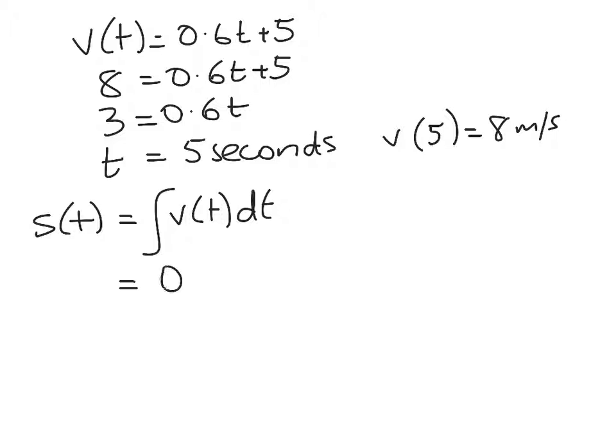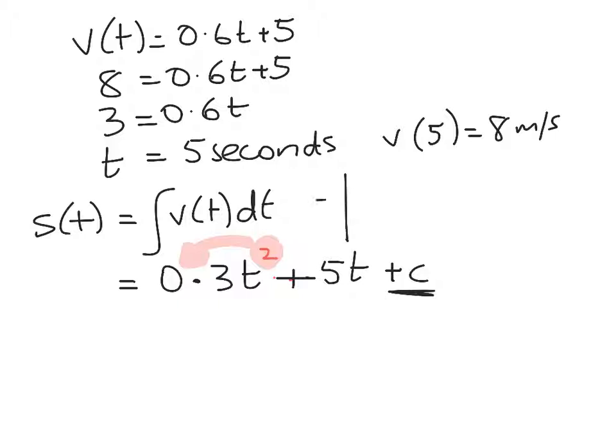So that's going to give me 0.3t squared. Right, so you can check that back, that when I take the 2 and I plonk it down onto the 3, it all works. So 0.3t squared plus 5t and plus c again. Now how am I going to get the plus c?